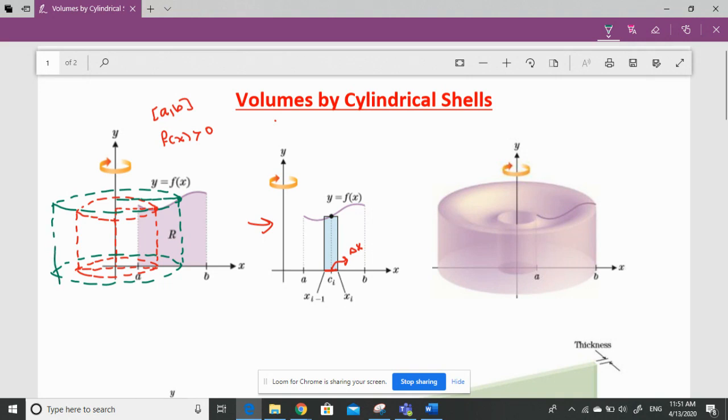So finally, if you take all your rectangles, you will find this shape, this solid.